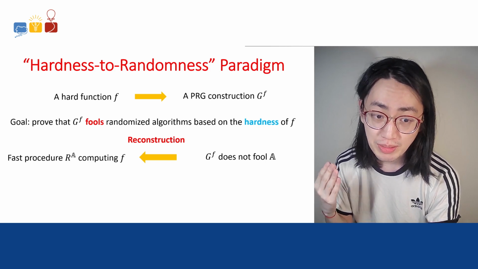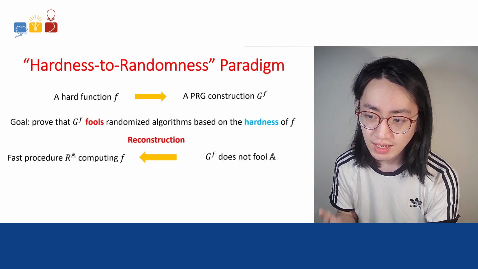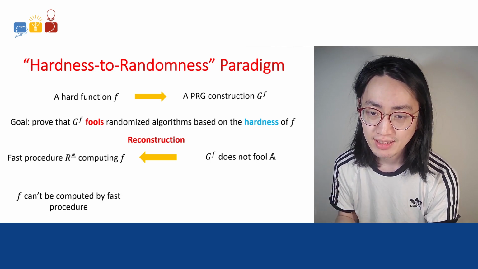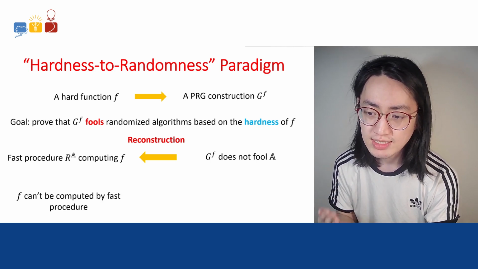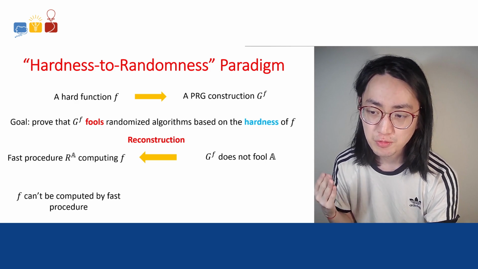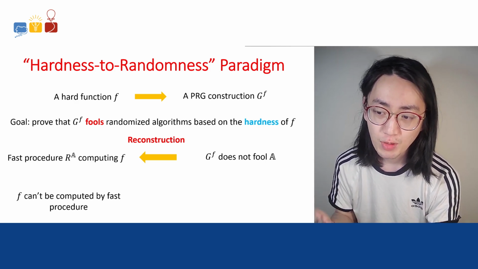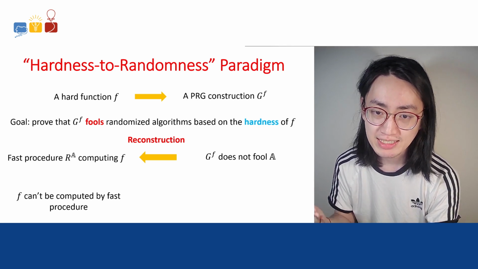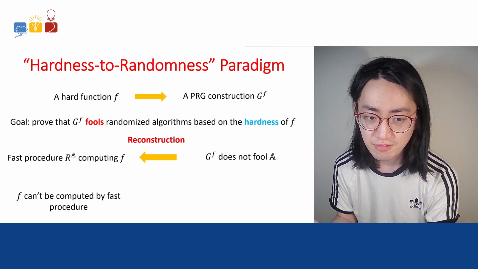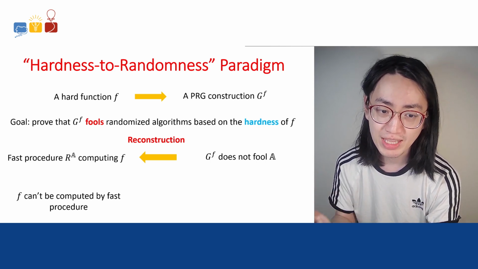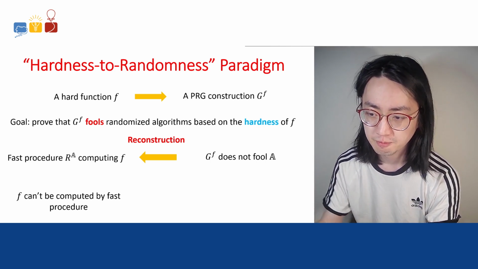This will imply what we want, because we assumed f cannot be computed by a fast procedure. Hence, g^f must fool our low running time algorithm A, as otherwise the reconstruction will give us a fast procedure for f, which is a contradiction to our assumed hardness of f.